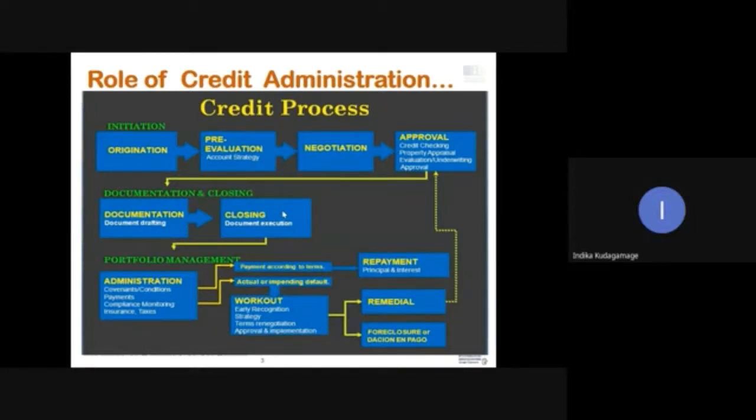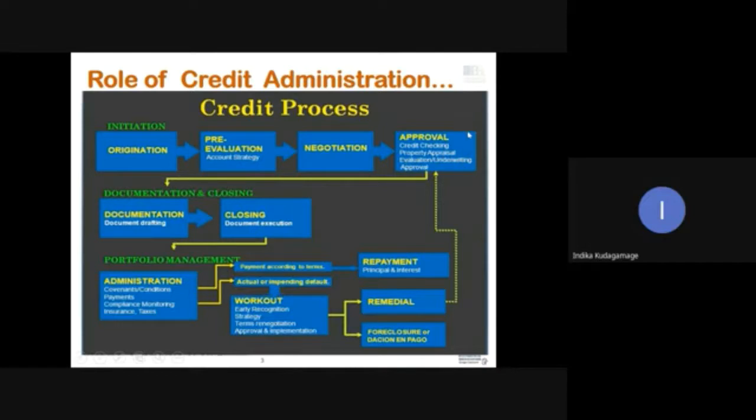This indicates the credit process starting from the origination of a facility, origination of a customer, till we collect all our money back. Right? First line indicates the business line function. We originate, we do a pre-evaluation, then we negotiate, then we do the approval and all those things up to the disbursement.